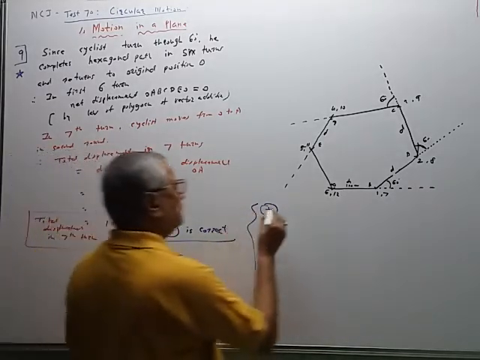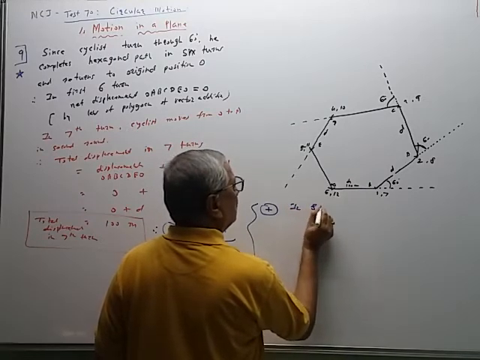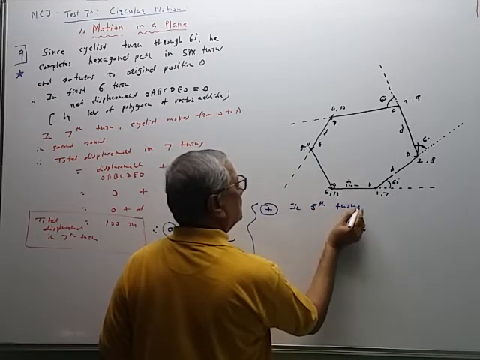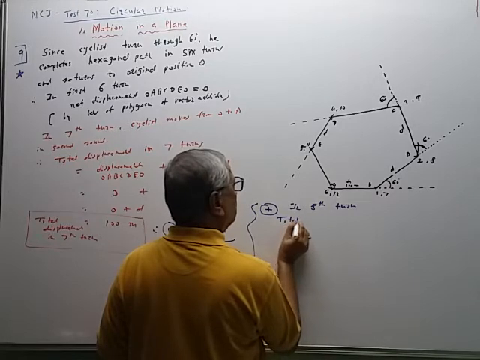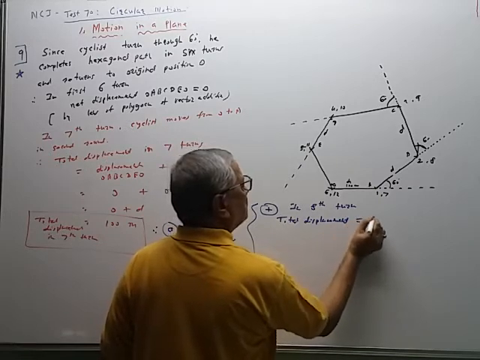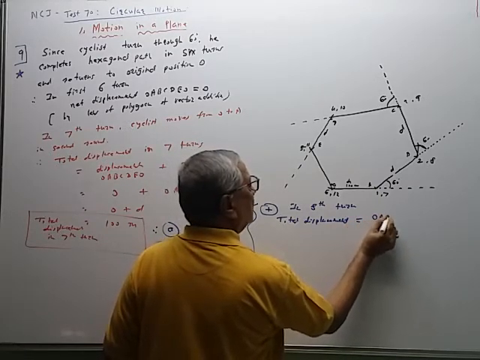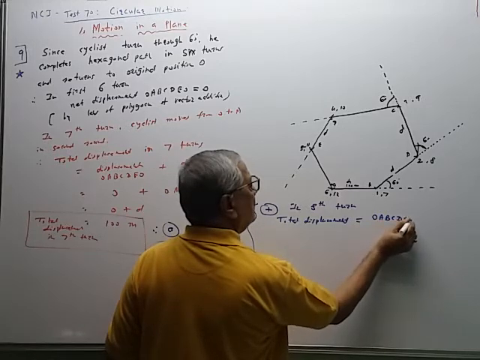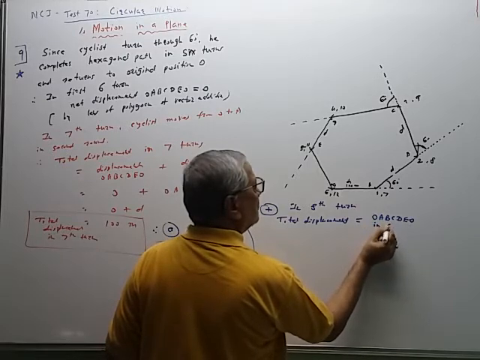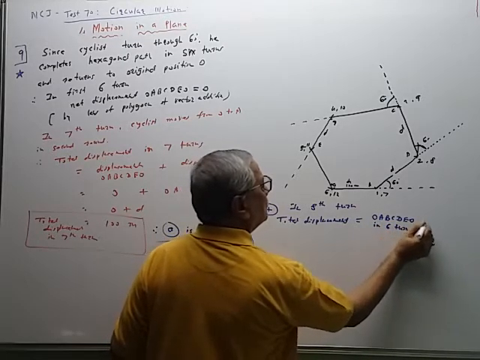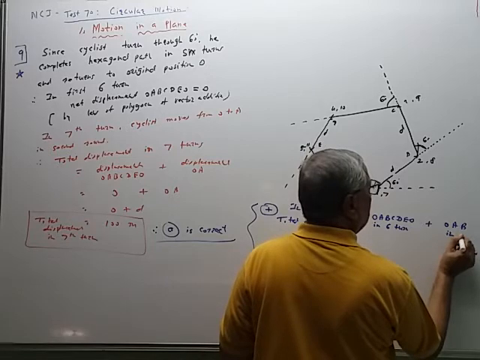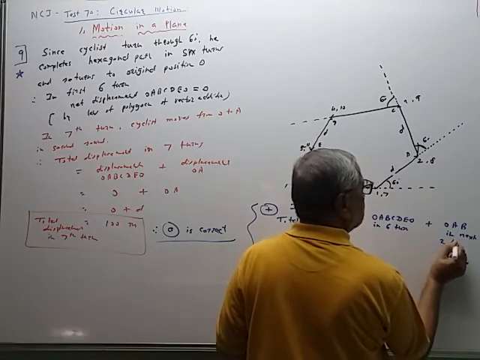I will take one more example. In 8 turns, total displacement is equal to OABCDEO in 6 turns, plus OAB in the next 2 turns.